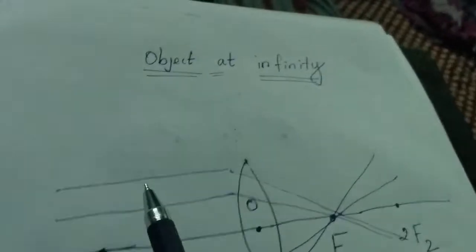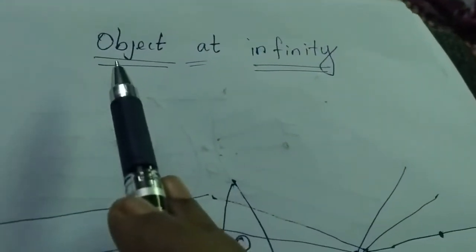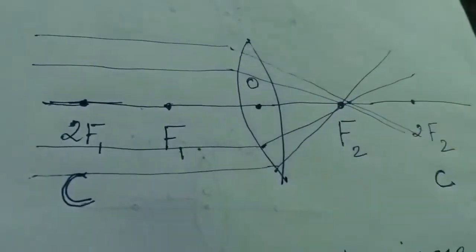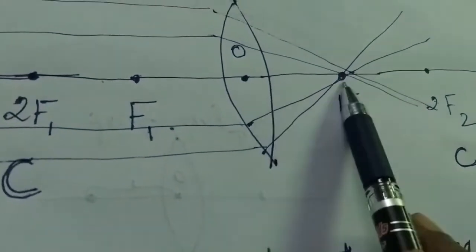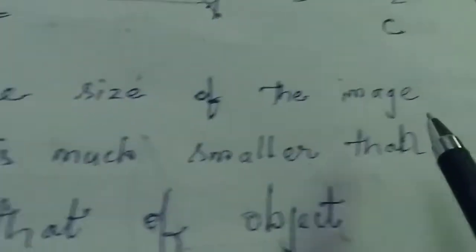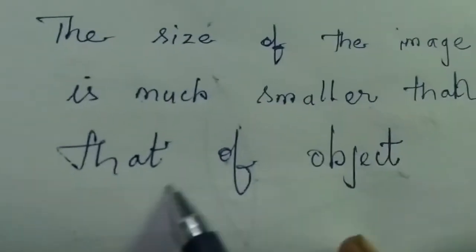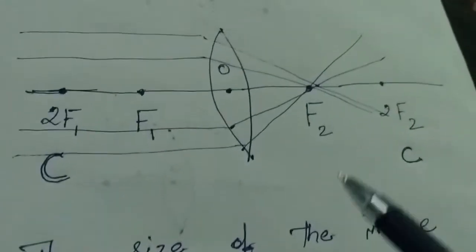So this is the first condition. When the object is placed at infinity, the image you will get is at the principal focus, and the size of the image is much smaller than that of the object.